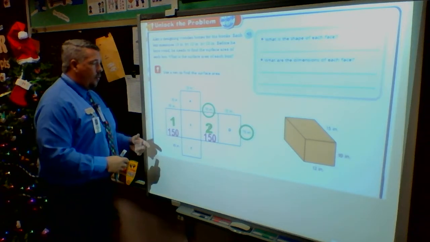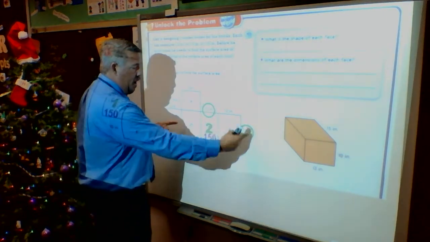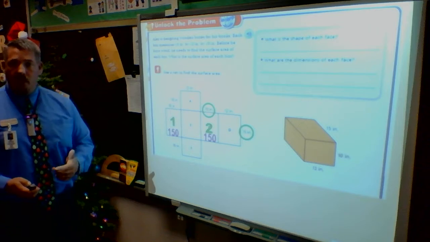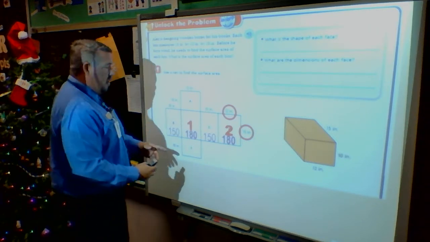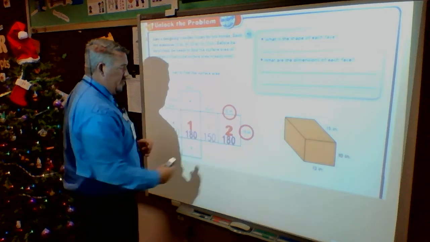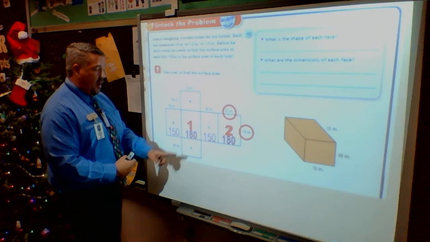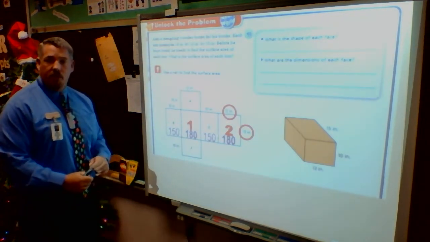And I have to figure out what the base is and what the height is. So I know I'm going to have 15 and 10, and when I multiply those together I get 150. The two that are alike with the 12 and 15, I would multiply 12 times 15, which is base times height. I'd get 180 for this one and 180 for this one.